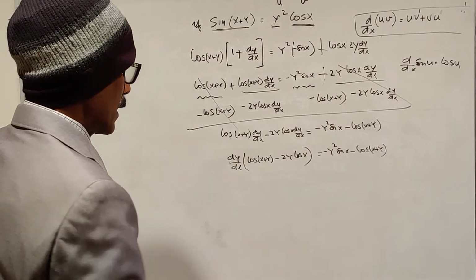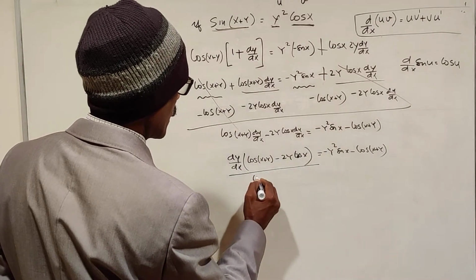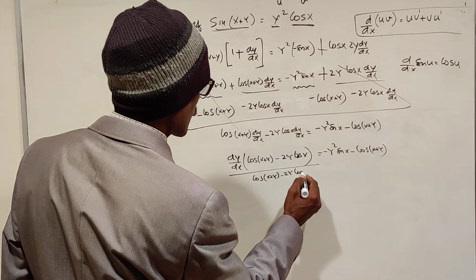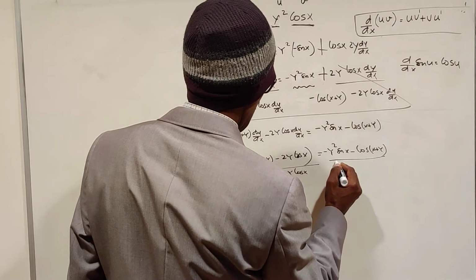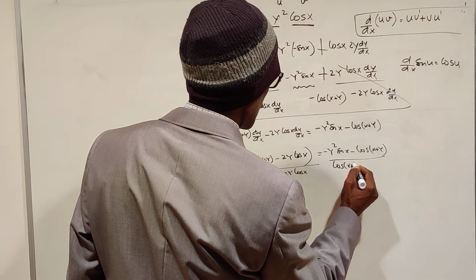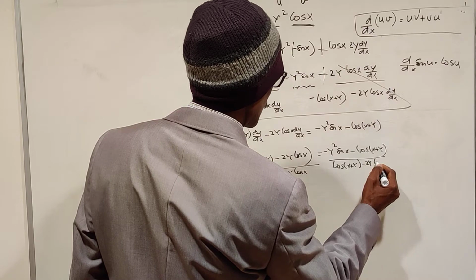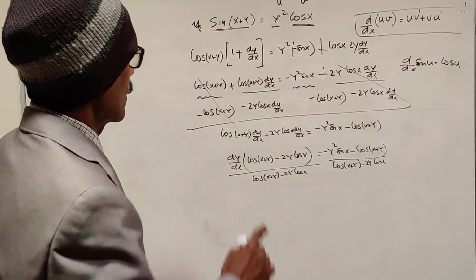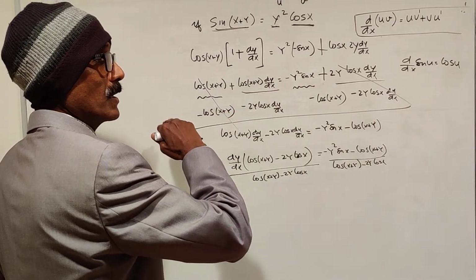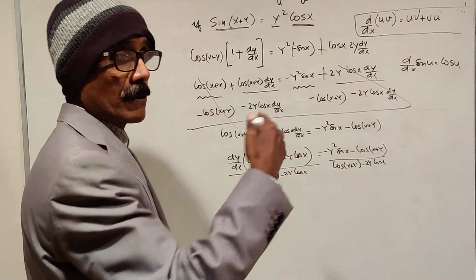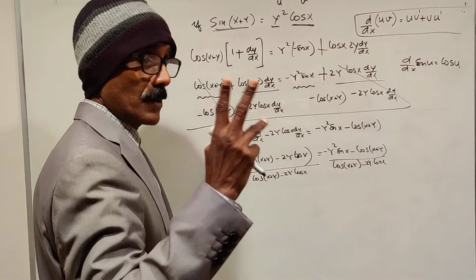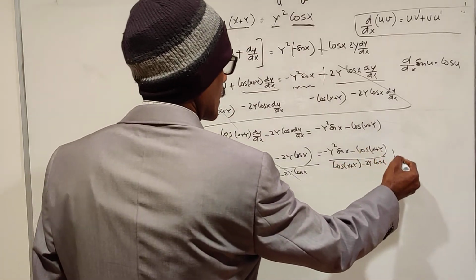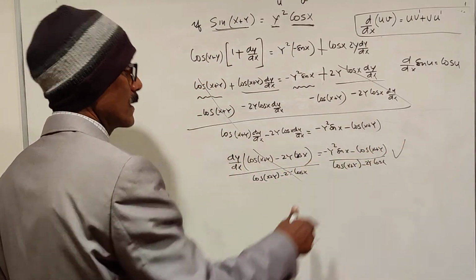Then dividing throughout by cos(x + y) minus 2y cos x. See, all these problems use the same method. First, bring all the dy by dx together, then take dy by dx as a common factor, then divide. Three steps. So this is the answer: dy by dx equals this.